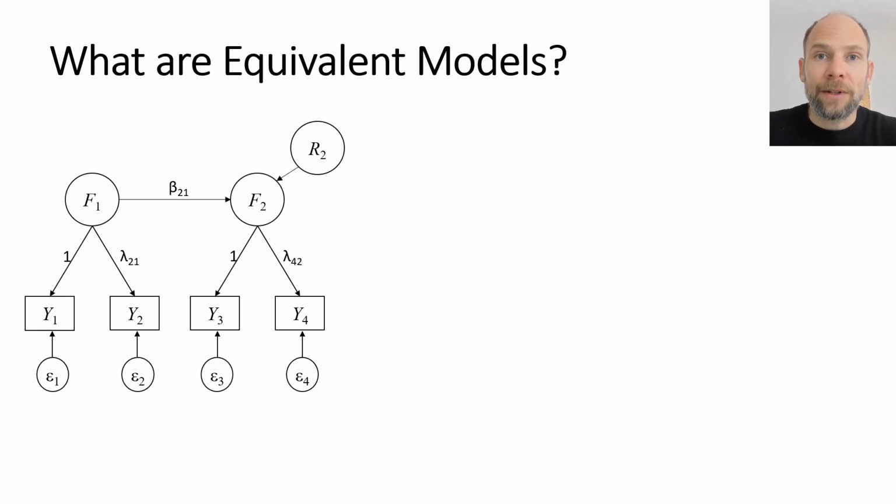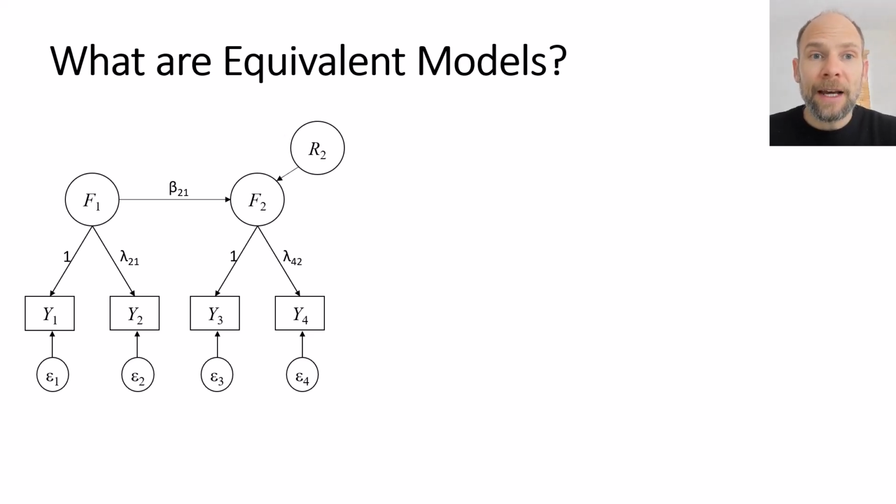Furthermore, each factor in this model has two indicators. y1 and y2 are measures of factor f1, and y3 and y4 are measures of f2, and the epsilon variables are measurement error or unique factor variables.